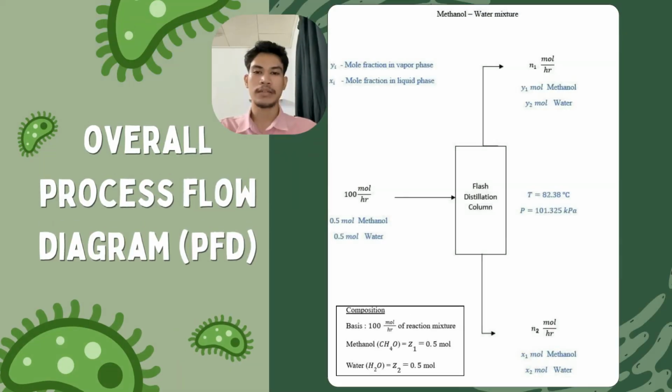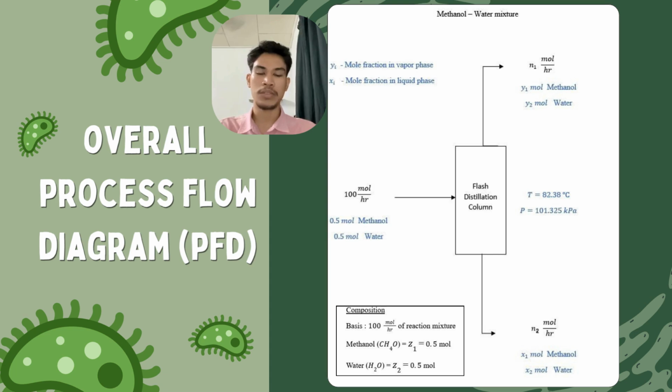For the next slide, we have the overall process flow diagram, PFD. Our composition basis is 100 mole per hour of the mixture. For the methanol, we have 0.5 mole and water is 0.5 mole. The upper is the mole fraction in the vapor phase, and the bottom is the mole fraction in the liquid phase.